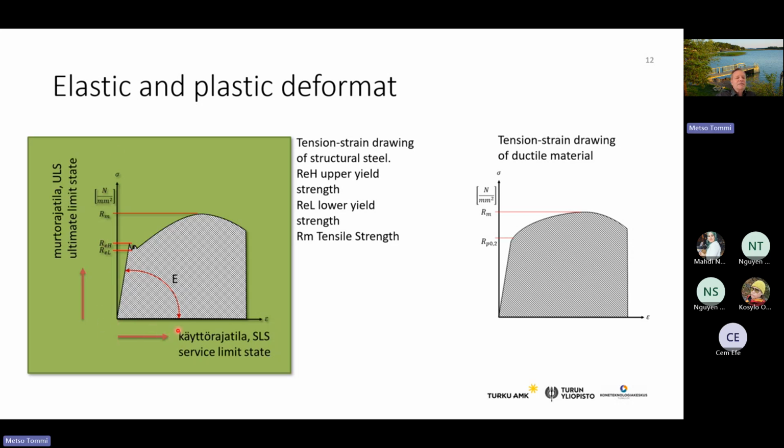And when we use the service limit state, for example, if we are designing a floor, we know that a floor can bend many tens of centimeters without breaking, but it's useless if it bends so much. So that's why we use a limit of how many millimeters per meter the floor can bend, so it is usable for normal use.